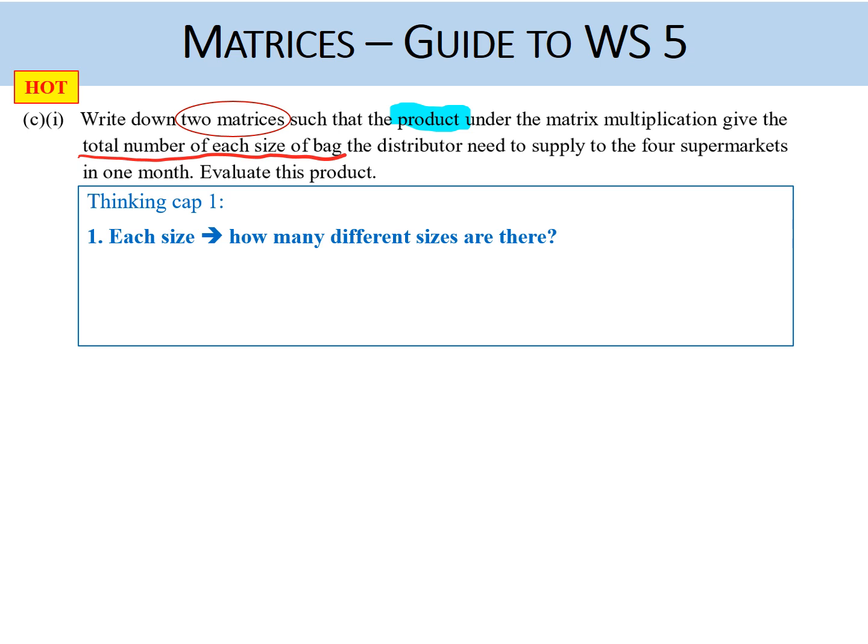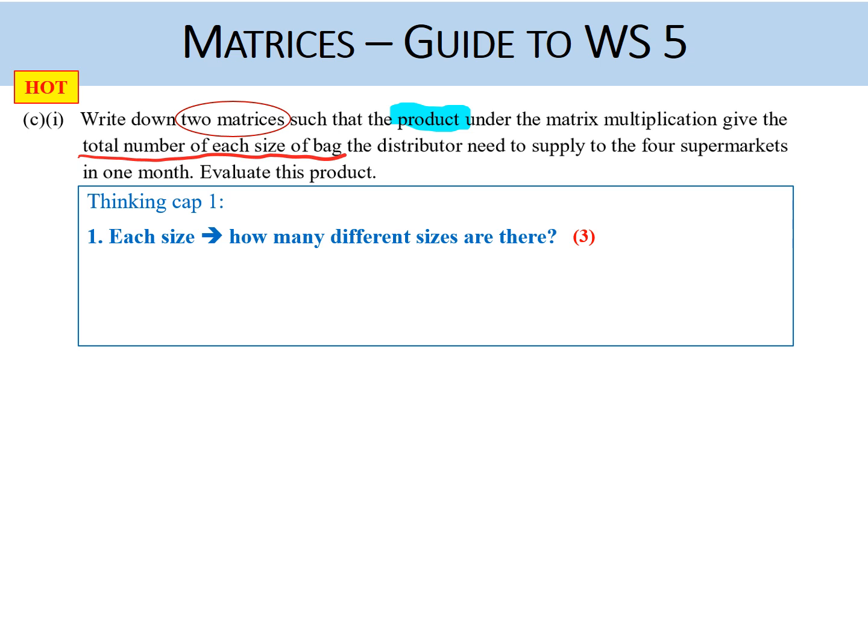So you look at the table. The table gives us 2.5 kilogram, 5 kilogram, and 10 kilogram. So from here, it's actually a clue to tell us that, hey, there are three different sizes.